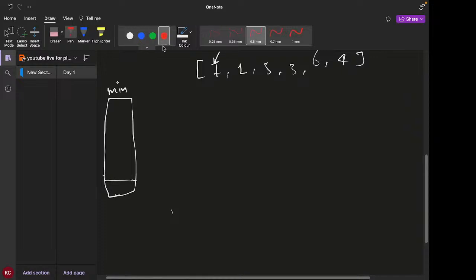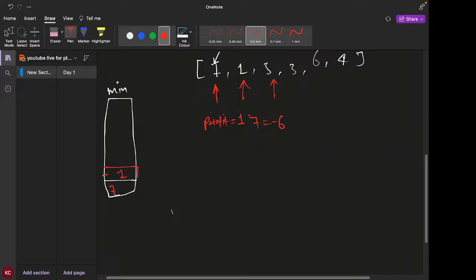So if I am here, then the stack is empty, so I put 7, and I can't buy it on the same day, so I move on to the second day. 1. Is it less than the top of the stack? Yes. And what will be the profit here? If we calculate the profit, it is 1 minus 7, that is minus 6. So I didn't do this, I put 1 on the stack, and the top will represent the minimum element till now.